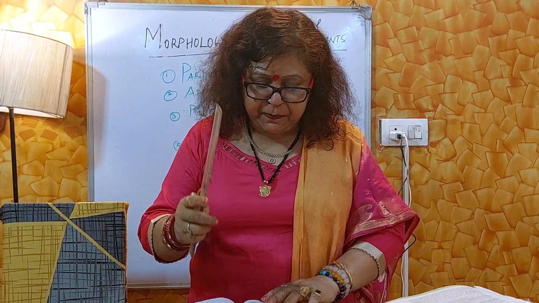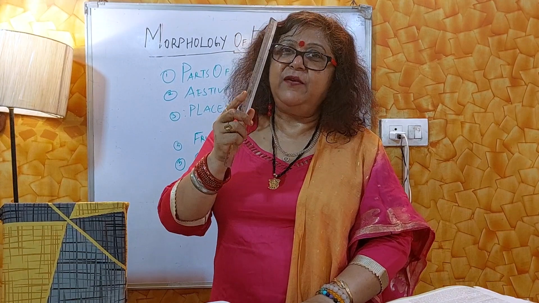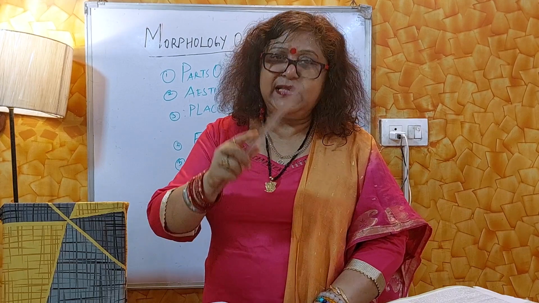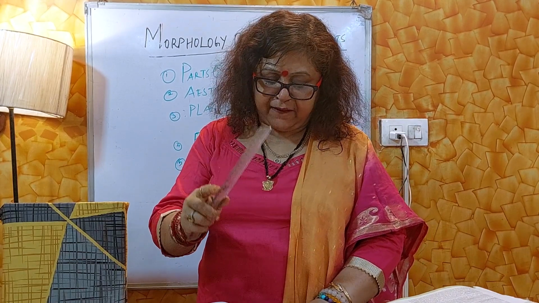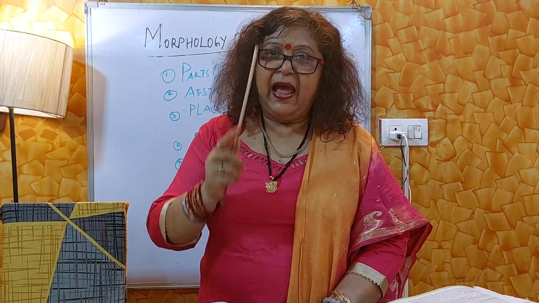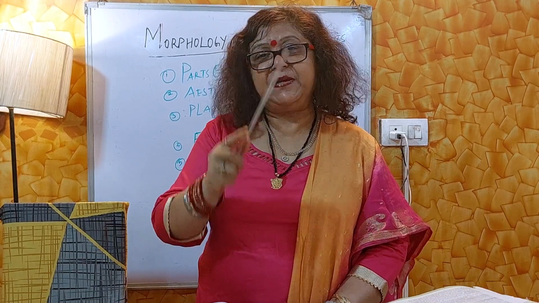As per that, we divide it into two types, actinomorphic and zygomorphic. Actinomorphic is that type of flower which is exactly divided into two equal halves by any one vertical section passing through the center of the flower. It is also called radial symmetry, actinomorphic. Example is mustard and dhatura.